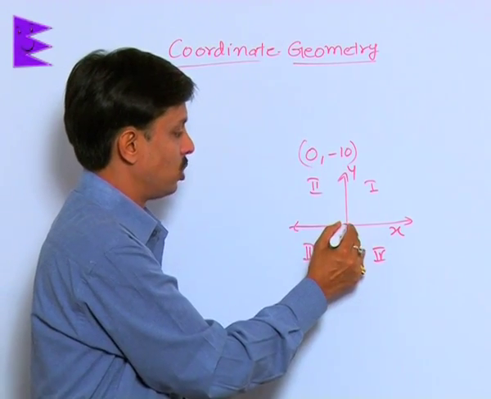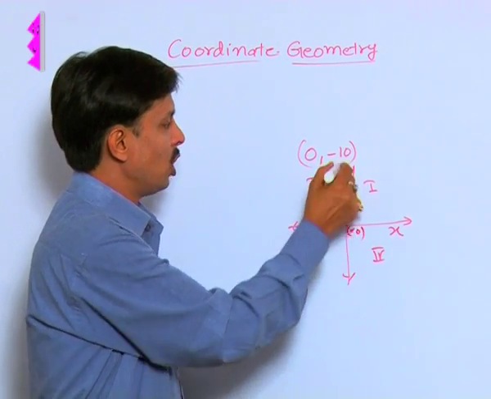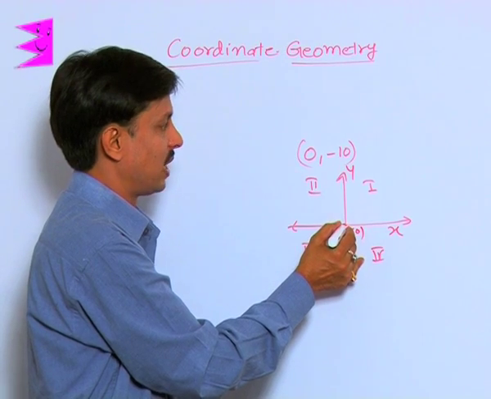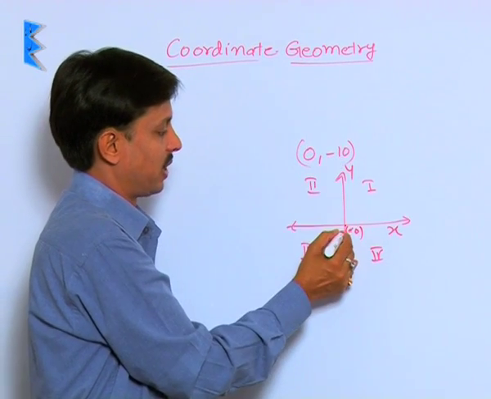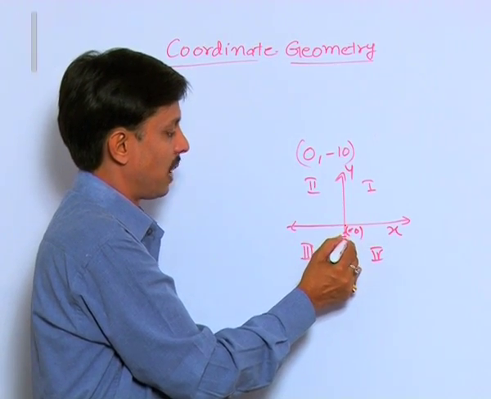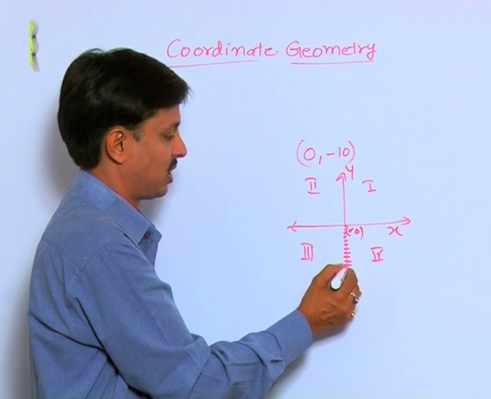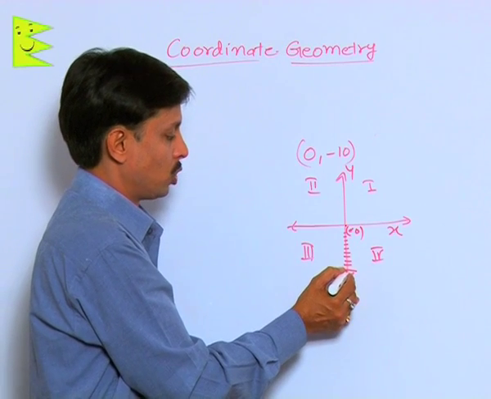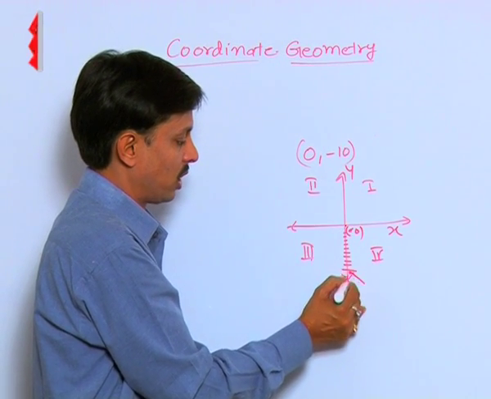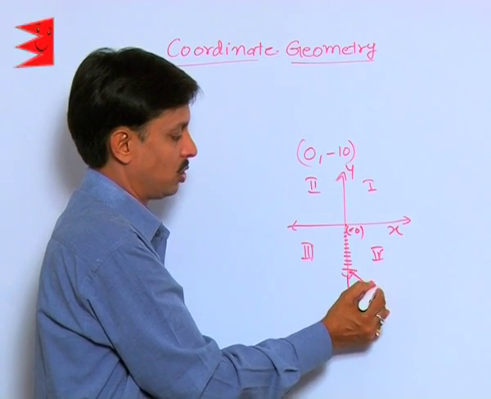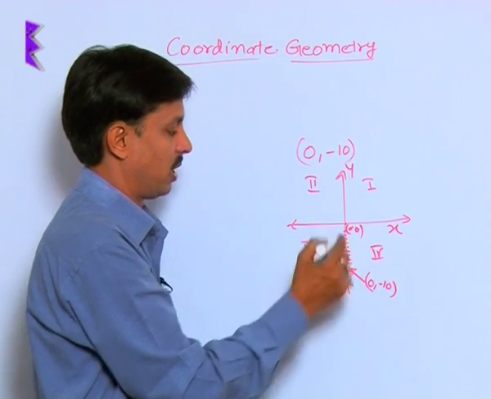This is (0, 0), the origin. So -10 means the value of y is -10: -1, -2, -3, -4, -5, -6, -7, -8, -9, -10. So this is the location of the point (0, -10).